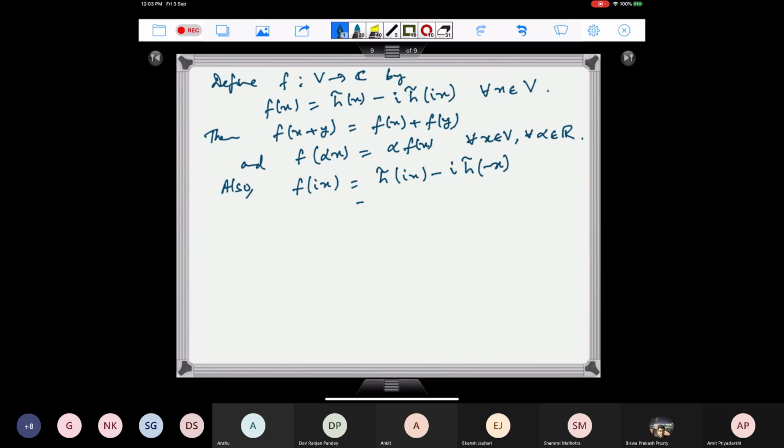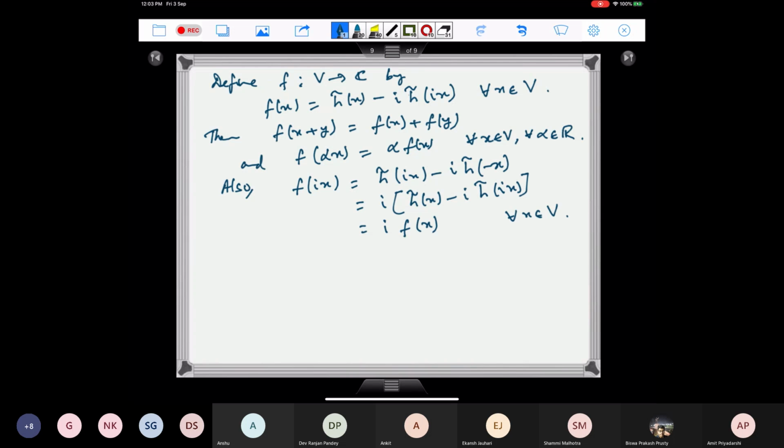And this is the same as iota times, since h tilde is real linear, iota times h tilde of x minus iota h tilde of iota x, which is the same as iota times f of x. So f of iota x is equal to iota times f of x. This is true for every x in V.